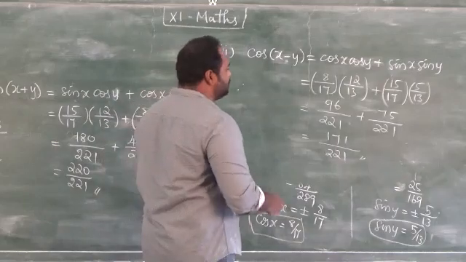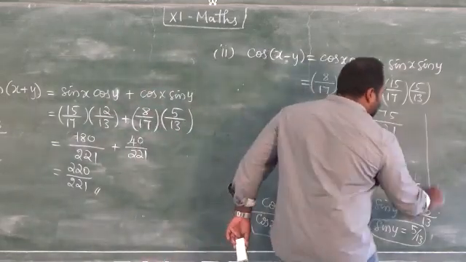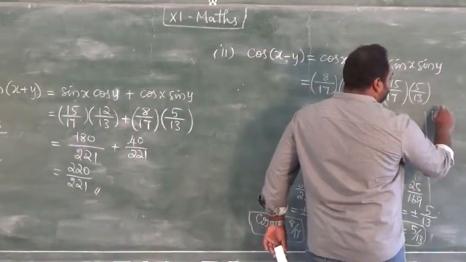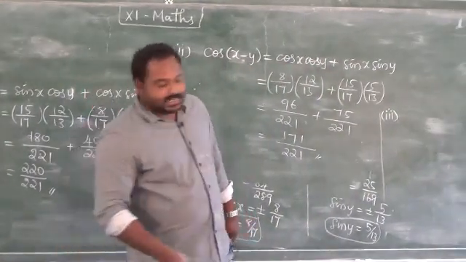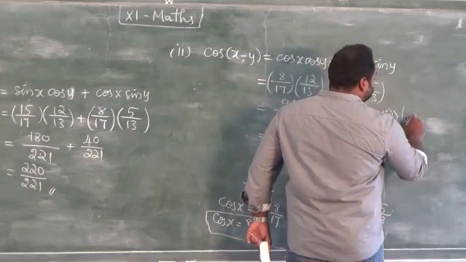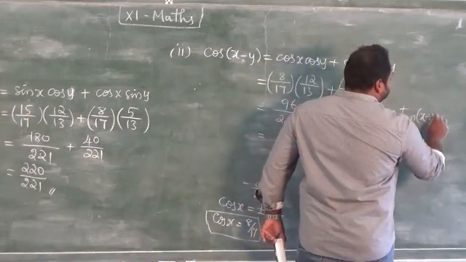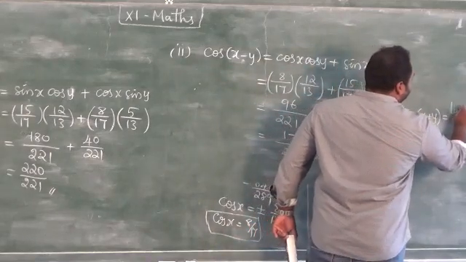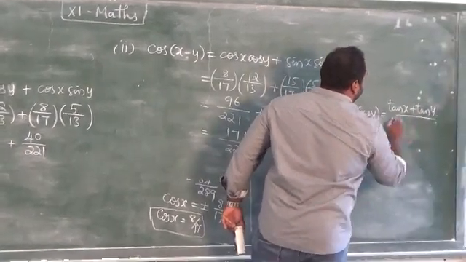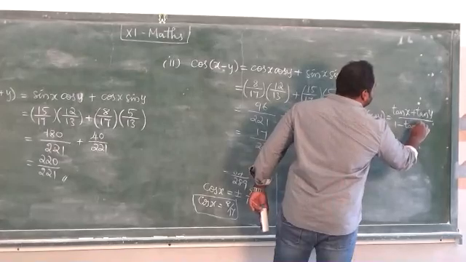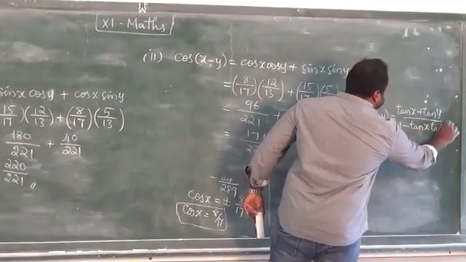Third subdivision is tan of x plus y. Tan of x plus y equals tan x plus tan y, the whole divided by 1 minus tan x tan y.